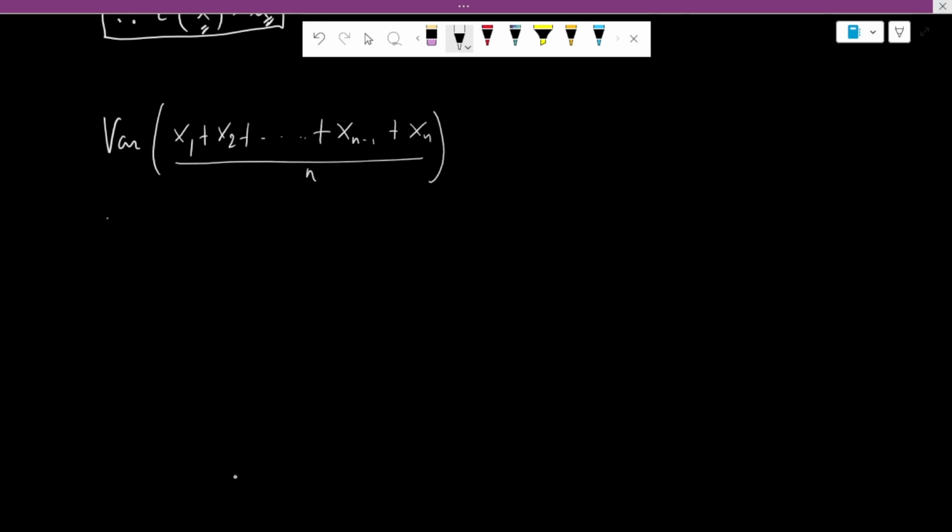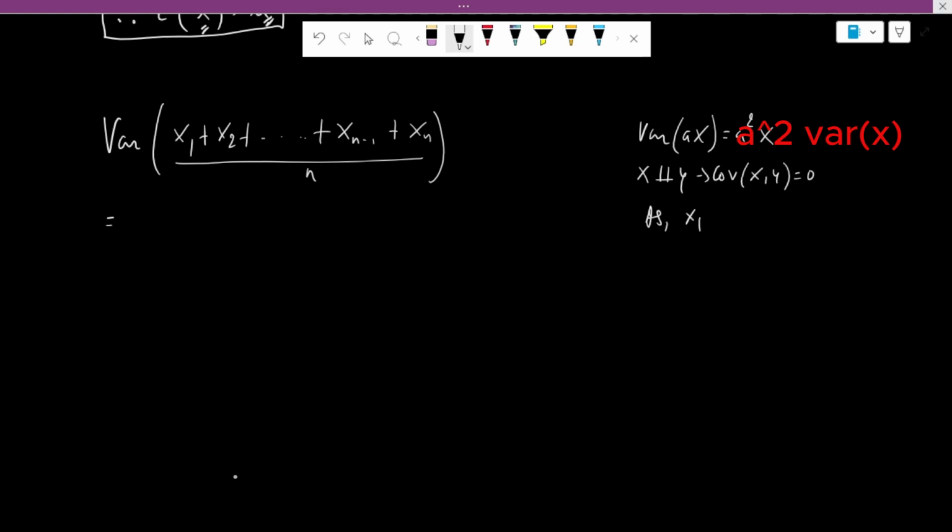Now let us calculate the variance of the sample mean. We have seen that variance of ax is equal to a square times variance of x, and for any independent events x and y, the covariance of xy is equal to 0. In this case, x1 and x2 all the way to xn are independent.